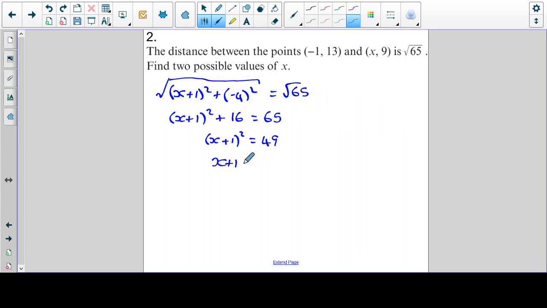And that's why we're going to get two possible values, because now we're going to get plus or minus 7 from square rooting 49. And then we'll subtract 1. So minus 1 plus or minus 7. So that gives us the values of minus 1 take 7, and minus 1 add 7. And that's it.